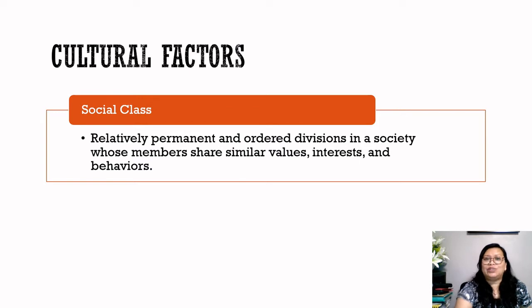Social classes show distinct product and brand preferences in areas such as clothing, home furnishings, leisure activities, and cars, and maybe cell phones too. Those in the higher social class, for example, would not likely buy low-priced products, services, and brands.